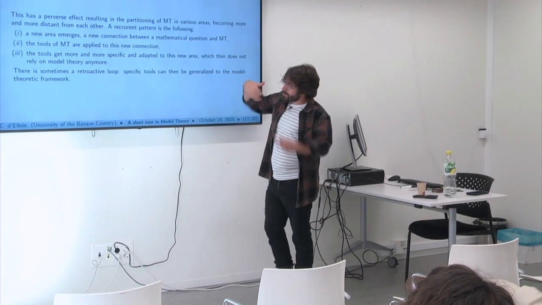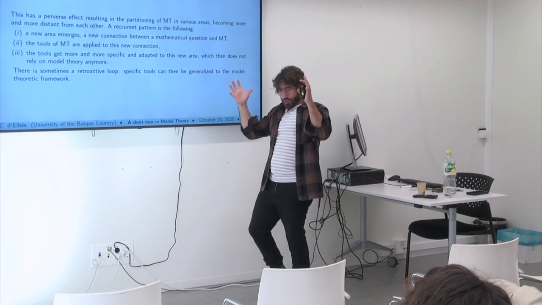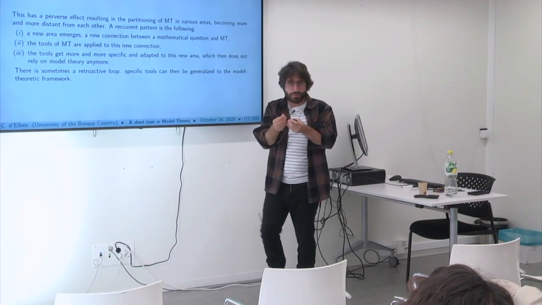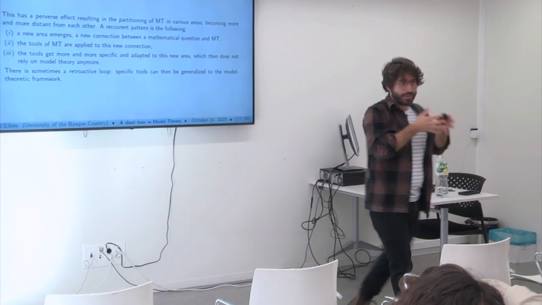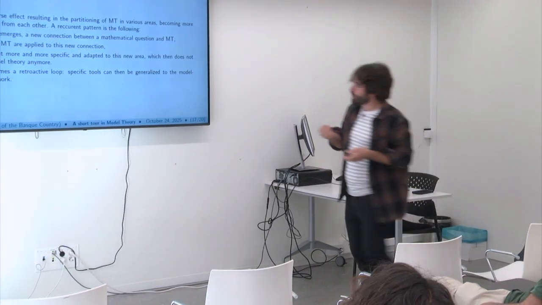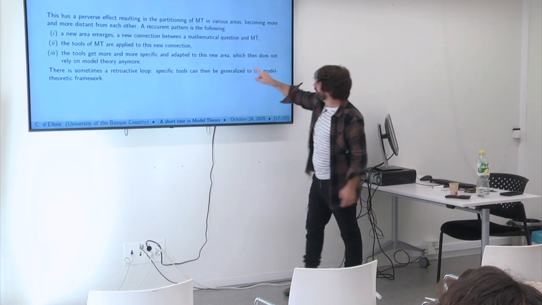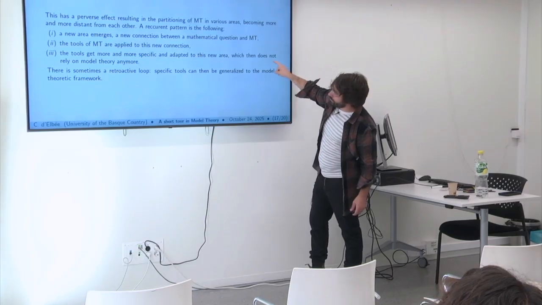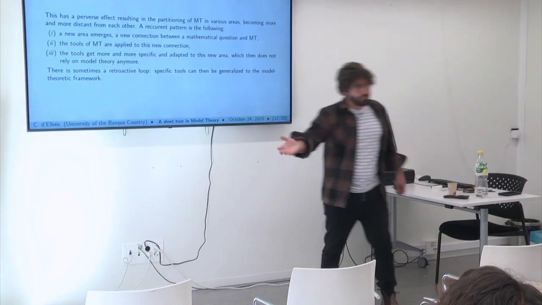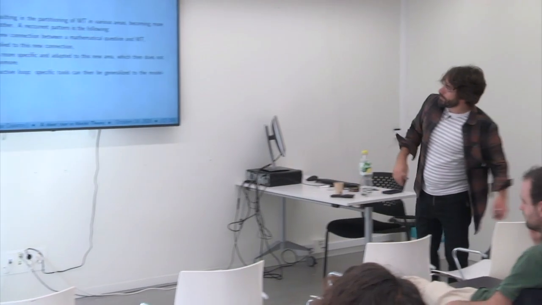But then, because the theorems are very general, there are more specificities that you don't see in particular mathematical questions. So the tools get more and more specific and adapted to this new area, which then does not rely on model theory anymore, or not that much.